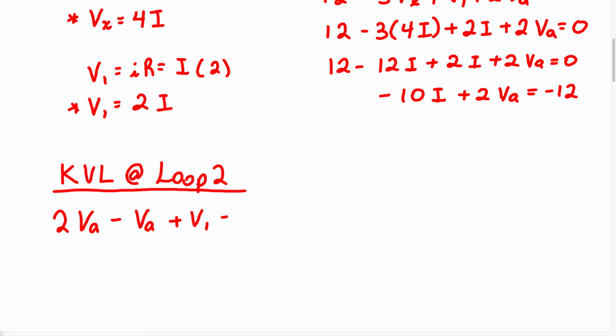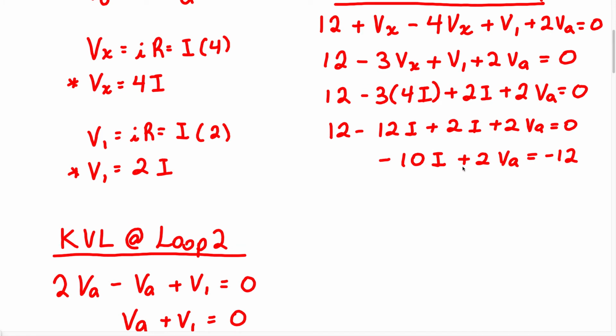All of that equals 0. So let's simplify this. 2VA minus VA is going to give us VA plus V1 equals 0. Now when we look at this, we have two different KVL equations, right? We have VA plus V1, and we have negative 10I plus 2VA equals negative 12.